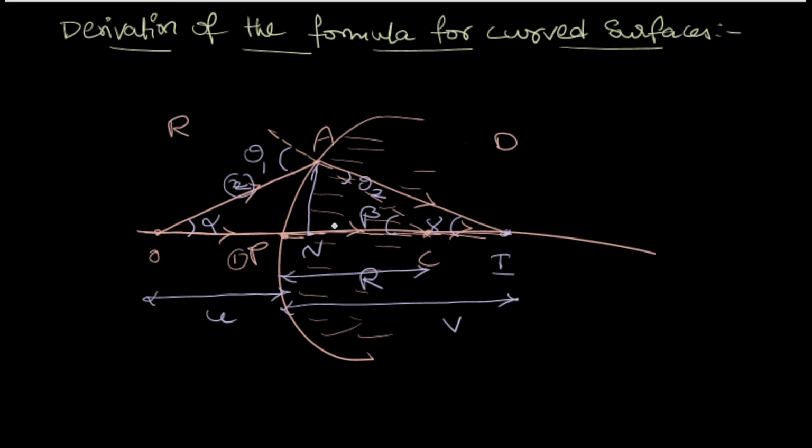From triangle ACO, theta 1 is the external angle, and alpha and beta are the internal angles.